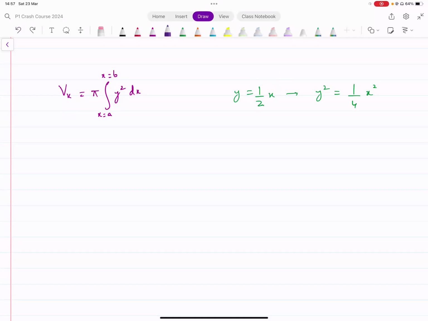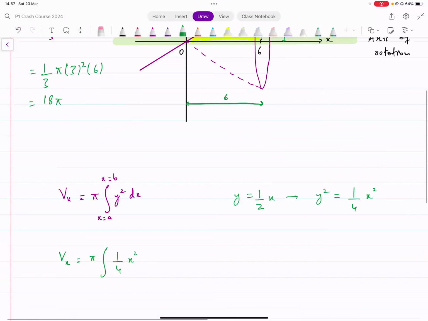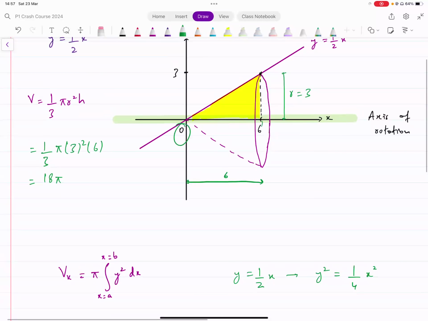Now you apply this formula, input values in this formula, and see what that gives you. V_x equals pi times the integral of y squared, which is 1/4 times x squared. And limits are going to be 0 to 6. You're rotating about x-axis, right? So the limits are going to be values of x, 0 to 6.